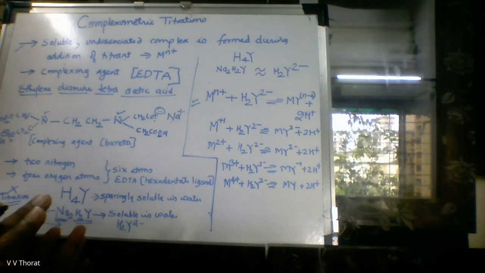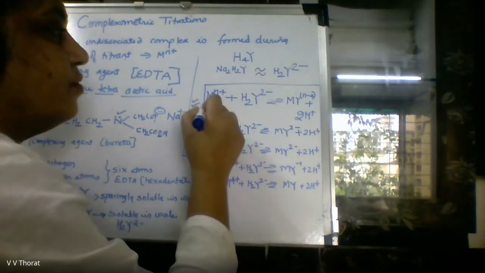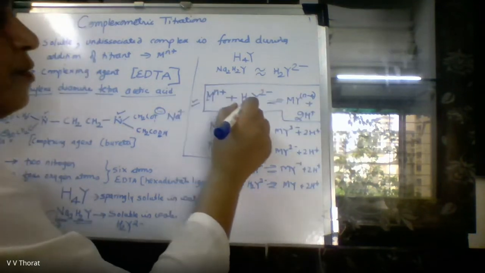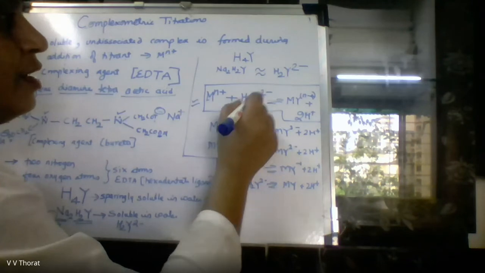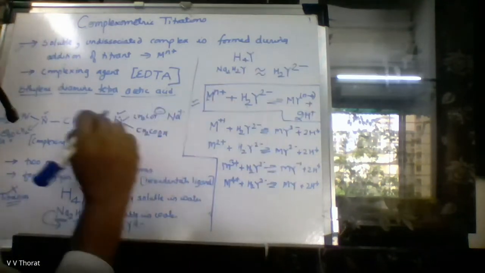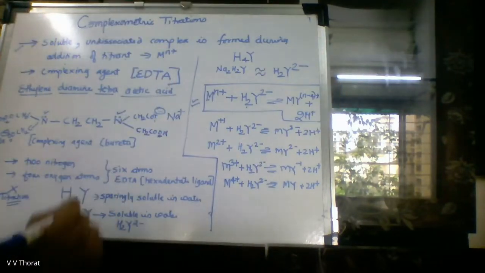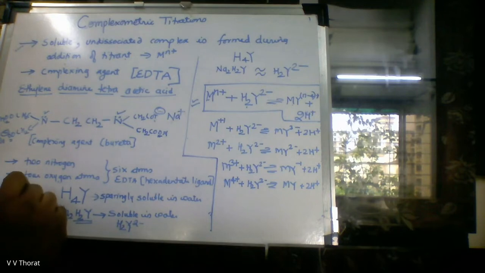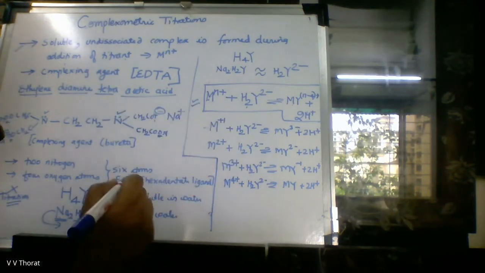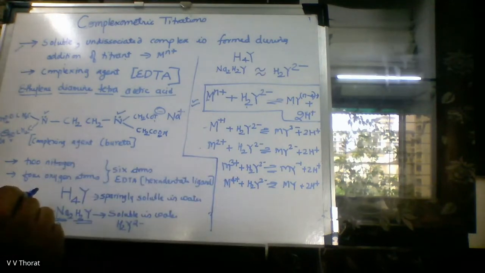So now listen, this is a general reaction everyone should know. Metal ions will react with the sodium salt of EDTA to form MYn minus 4 plus 2H plus. Sometimes in books there is a plus after n minus 4. Okay. Once you know this, you can write the reaction with any univalent, divalent, trivalent, and tetravalent metal ion.